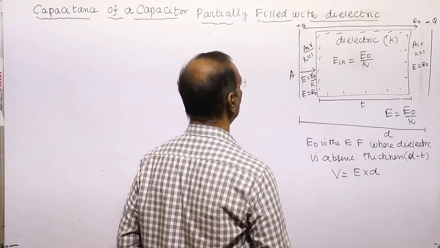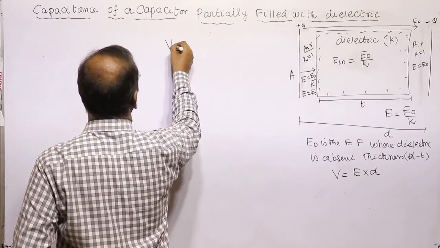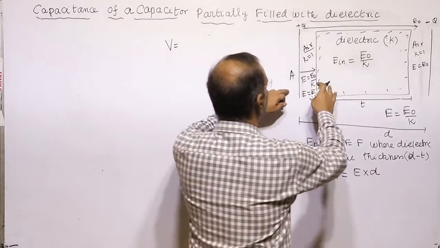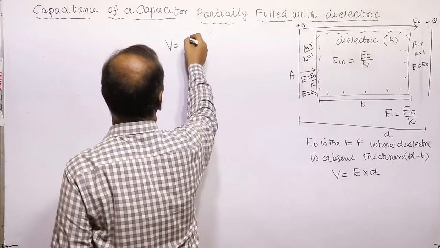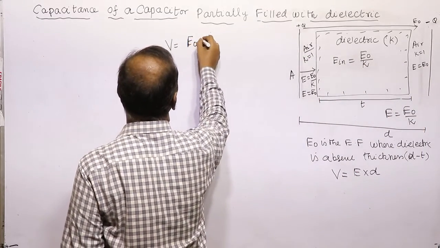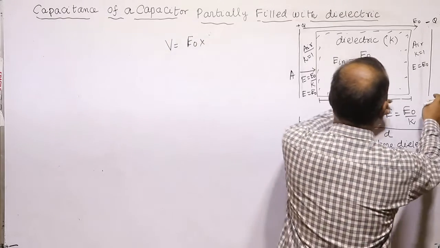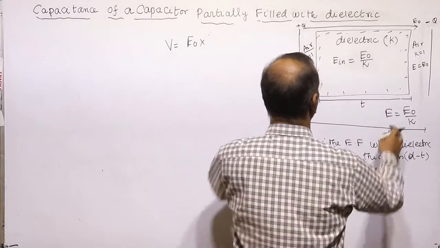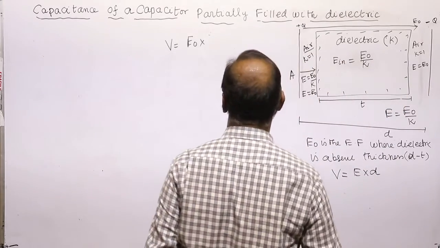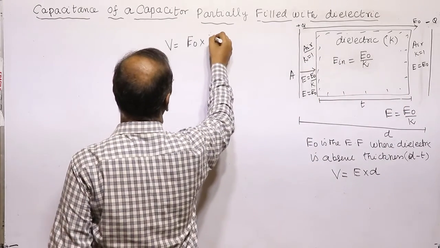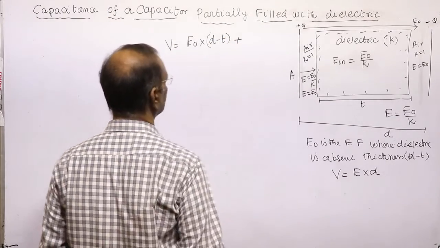Now for this portion, what is the potential? Potential for this portion is equal to epsilon naught D into, what is this thickness, D minus T, because D minus T is this portion, plus the potential of the dielectric portion.